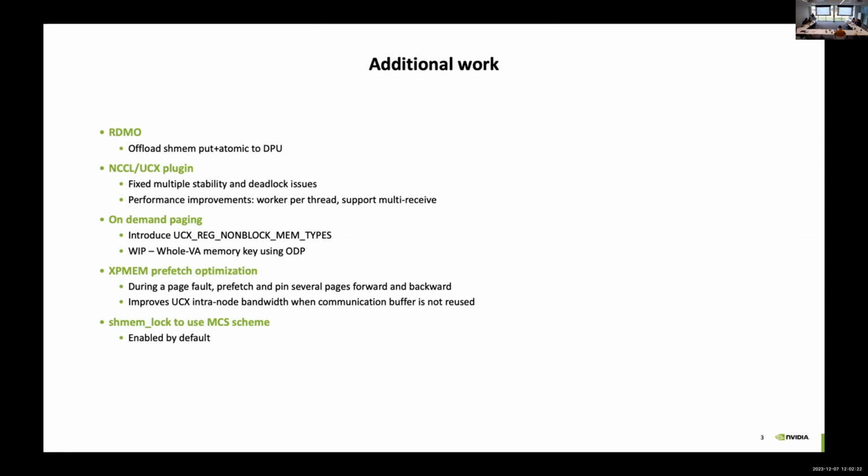So in order to solve this issue, we added a prefetch into XPMEM, backward and forward. The default is 32 pages. Assuming that if we access some page, we're most likely going to access the nearby pages as well, and the cost of additional pinning is not very expensive. We could use different kernel APIs that operate on memory ranges instead of doing it only a single page at a time.